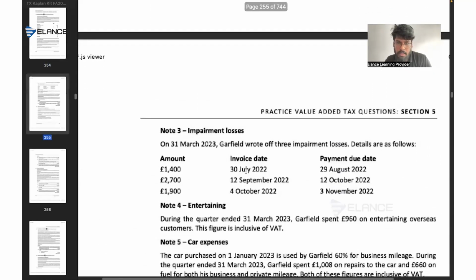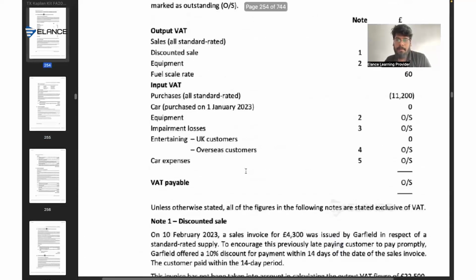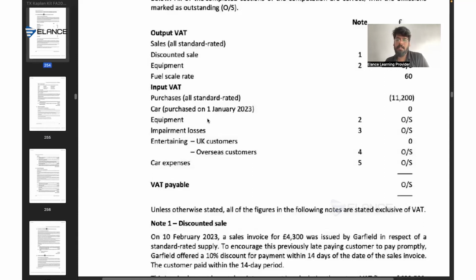Is there anything related with the car? Here they mention that this car's input VAT is not reclaimed. It is given as 0. We cannot reclaim a car's input VAT if the car has any private use.